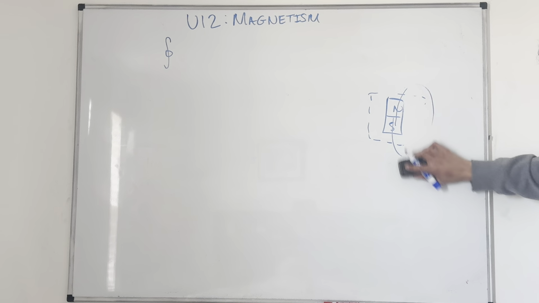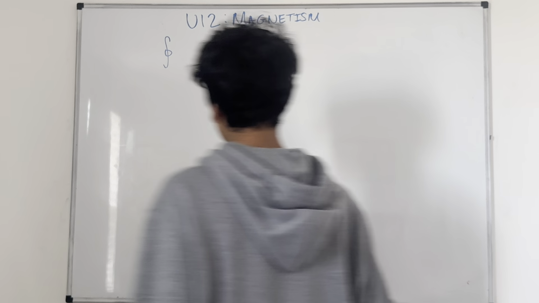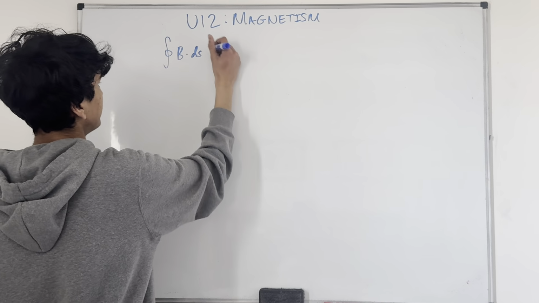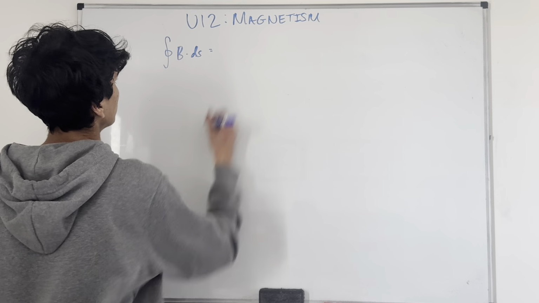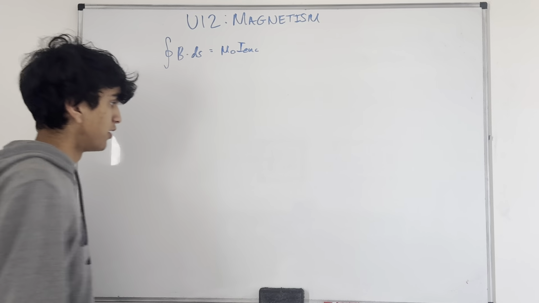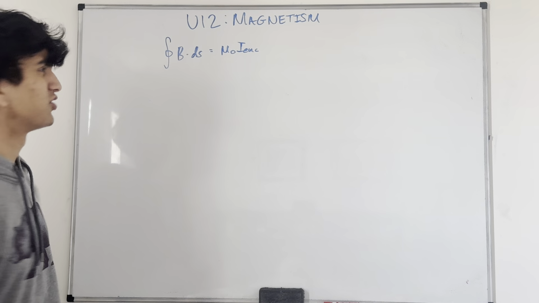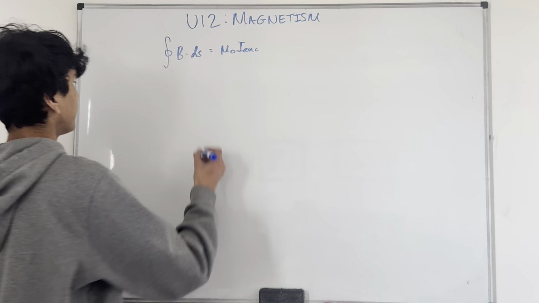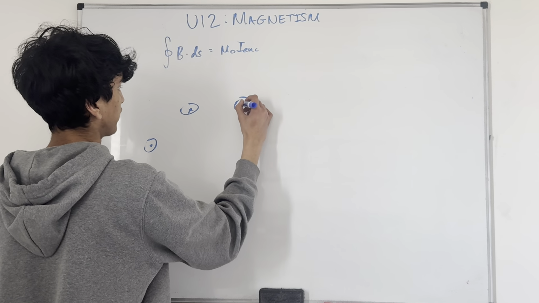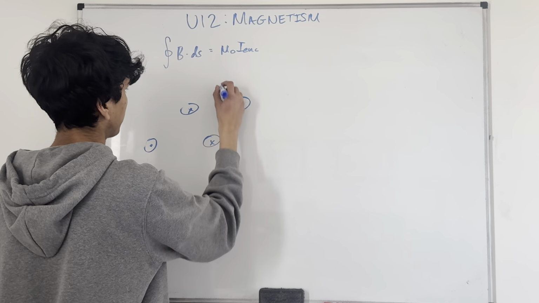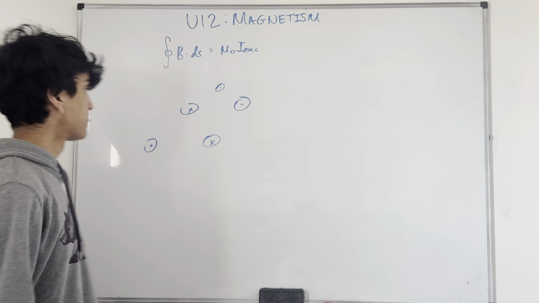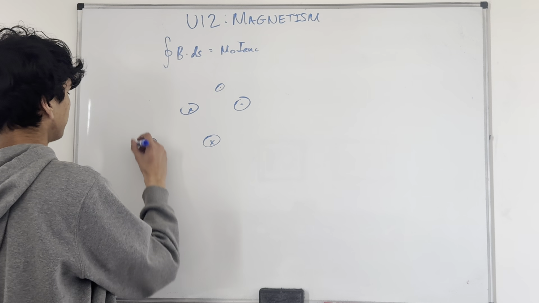But Ampere's law tells us that the line integral of the magnetic field through space, B dot ds, will equal mu naught times I enclosed. To help you visualize this, let's say you had a bunch of wires coming into and out of a page.